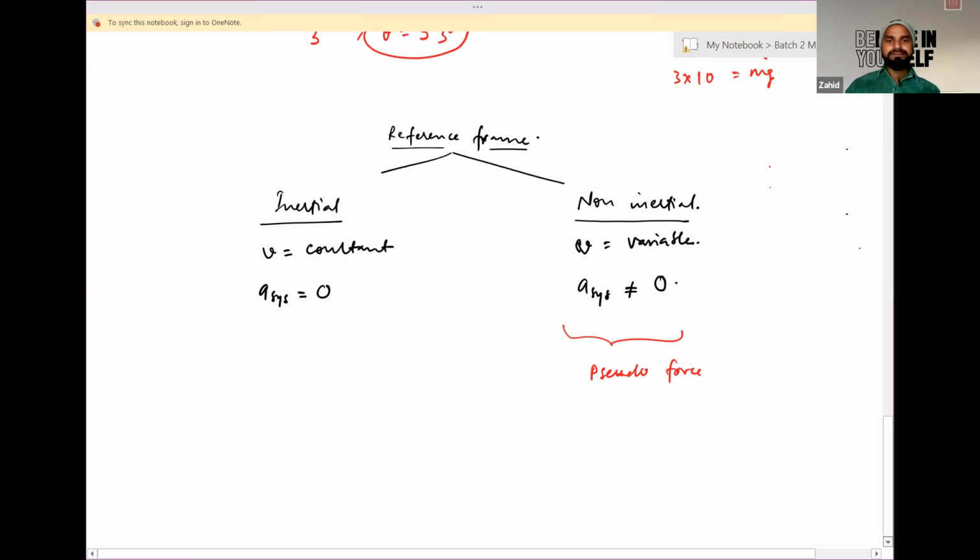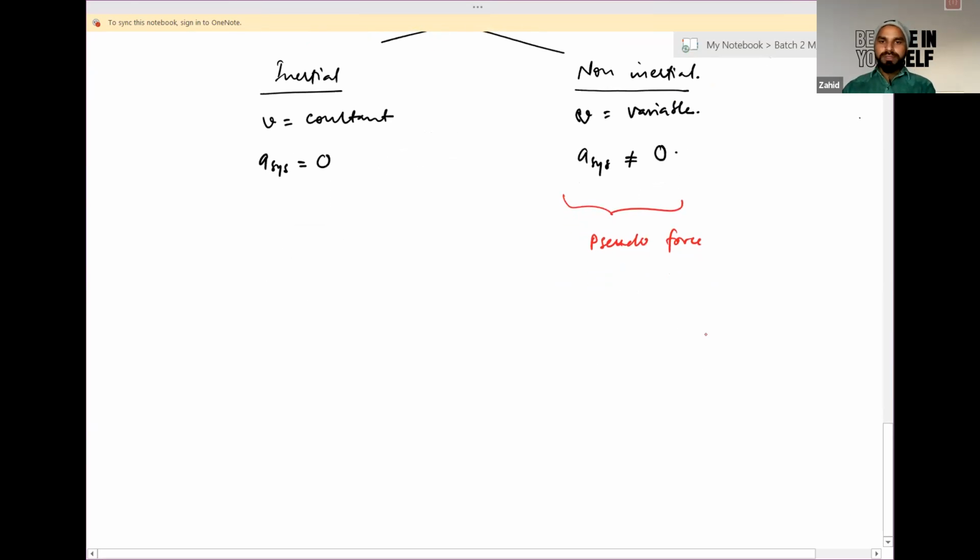Let me define it for you. Suppose you have a plane surface like this, and there is a block placed over it.